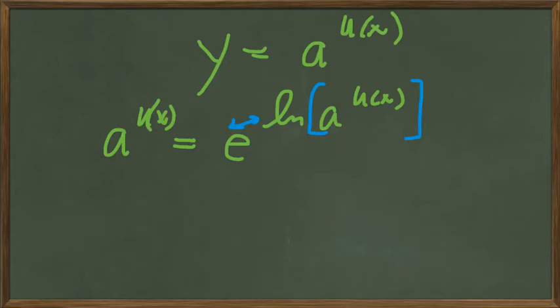And why is that good? Because if we use logarithm properties, one of the properties is that if we have ln of a function raised to a power r, we can bring that power down in front.